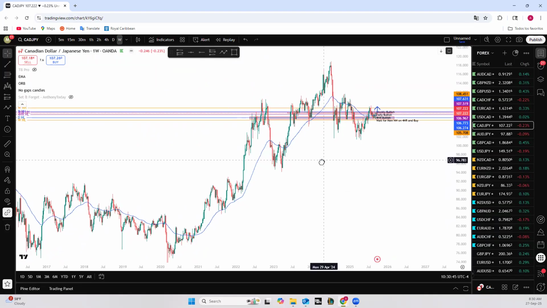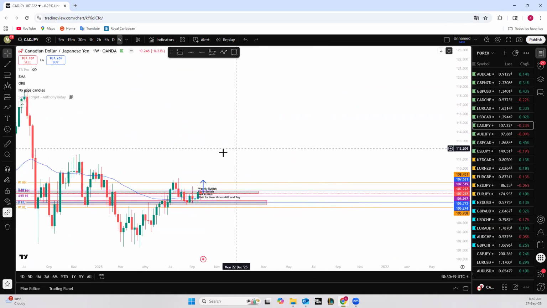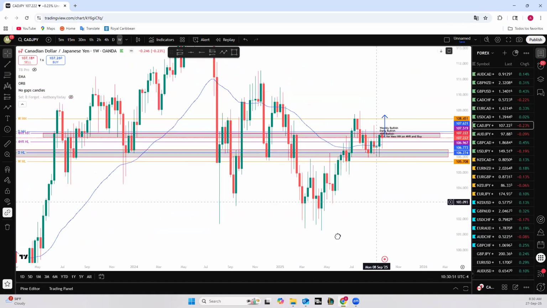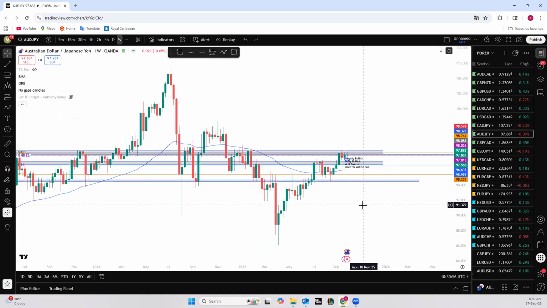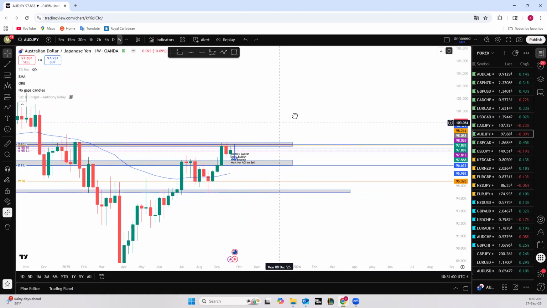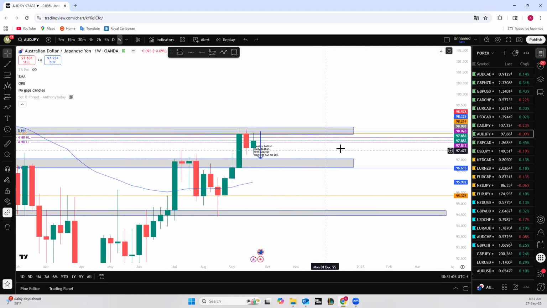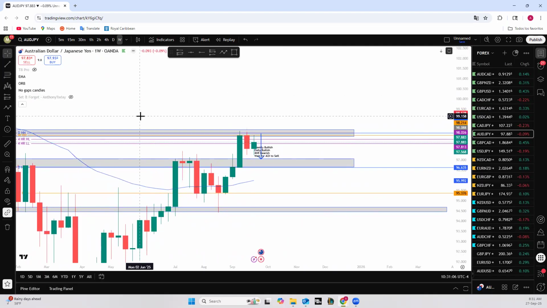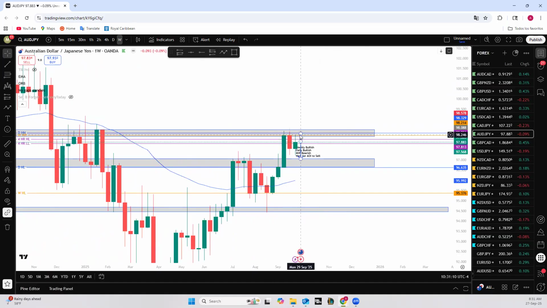Okay. Let's see, AUD JPY. Oh, this one I took a counter trade. Okay, this one, everything is bullish, but I think it's rejecting this area of interest, going back to this one.